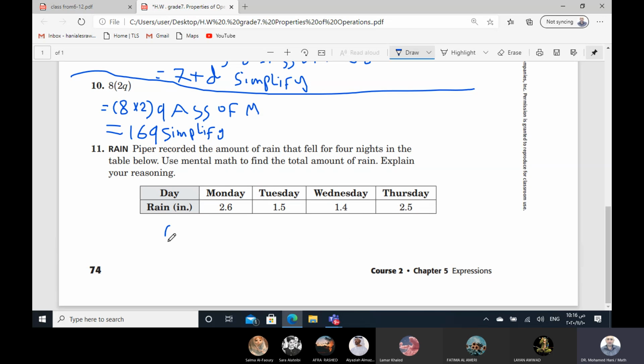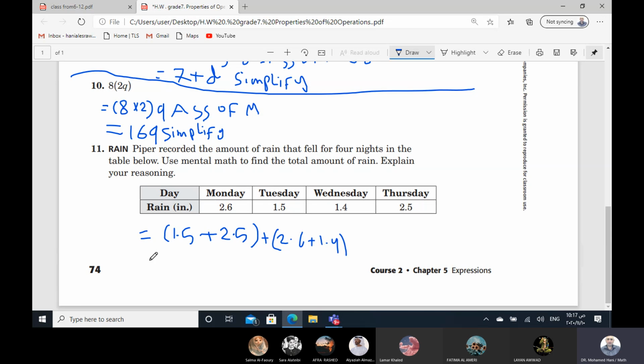So we can use the parentheses here, choosing the two numbers. If you feel this is easy to solve for you. So we can choose here 1.5 plus 2.5 plus 2.6 plus 1.4.